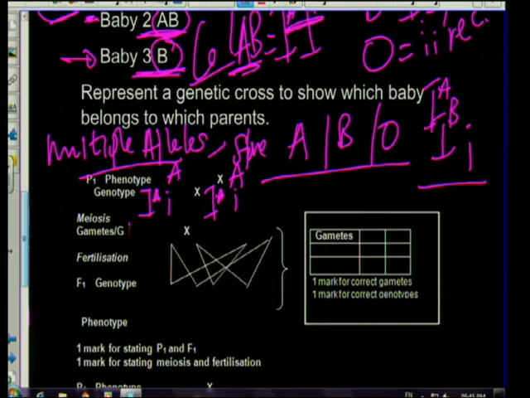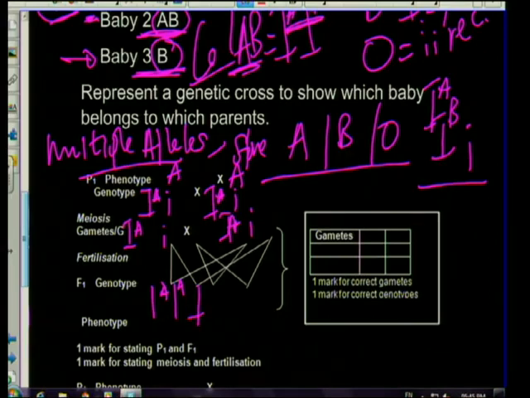So the gametes can only be IA and i, on both sides. When we put that here, we get IAIA, IAi, IAi, and on the other side, ii. So they have a 25% chance of having a baby with blood group O.